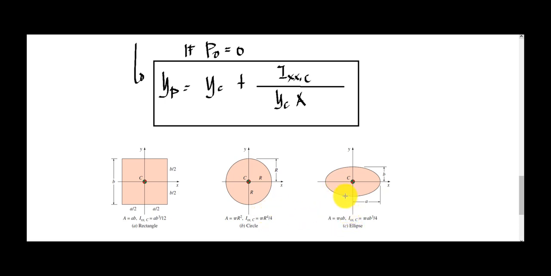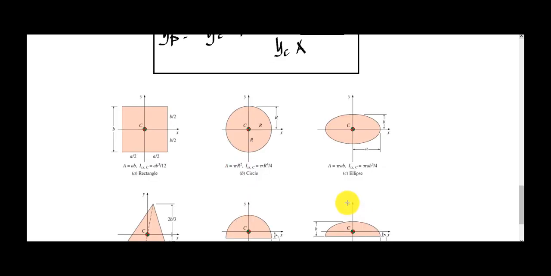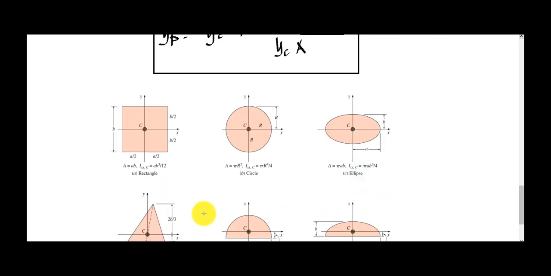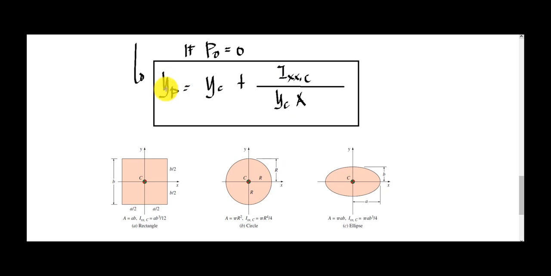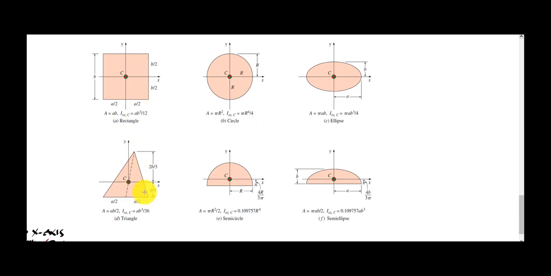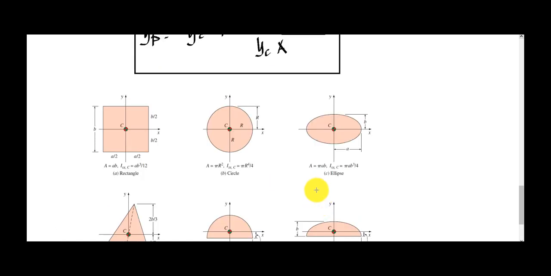And if the plate is an ellipse, it's also already given here. So all you have to do is plug and play into our equation to get the value of YP. We also have the given area for each shape, for the most common shapes that will be used in our problem solving.